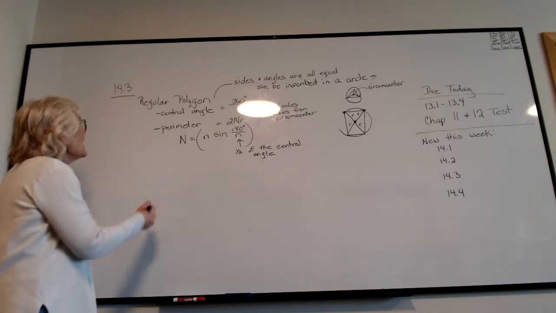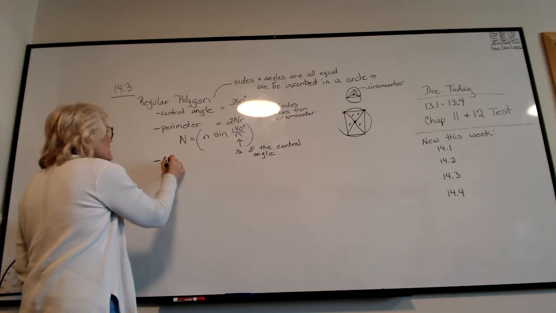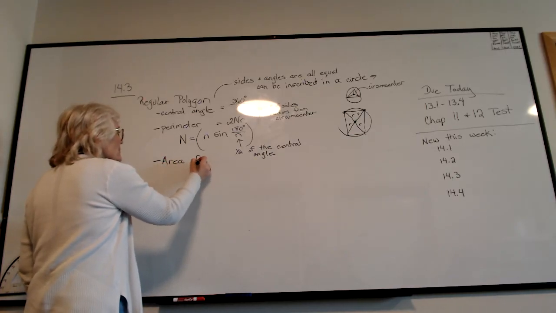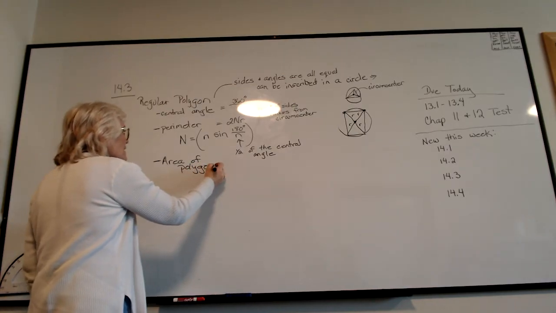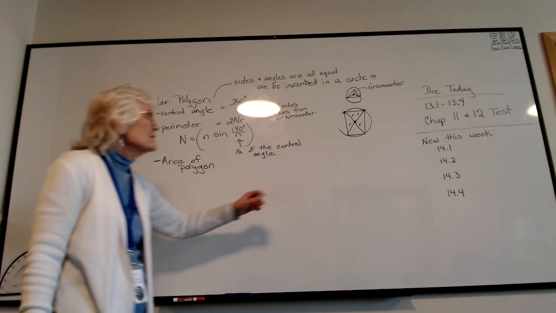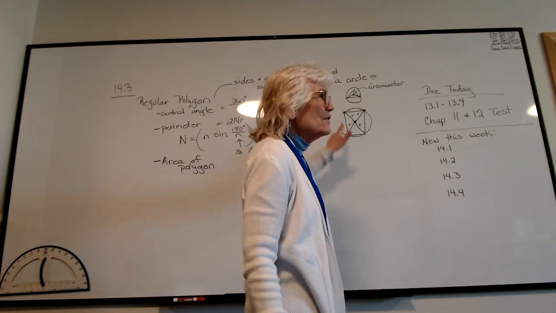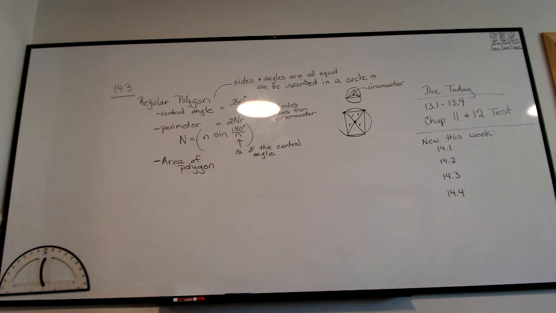Today, we are going to add to that in 14.3 the area of the polygon. This area is going to find out what's inside here. It will be in square units, because remember, area is always in square units.